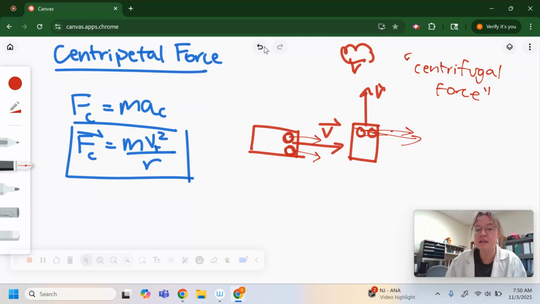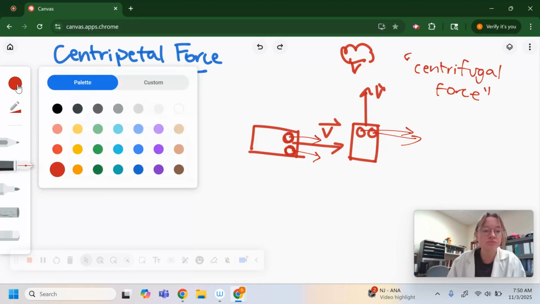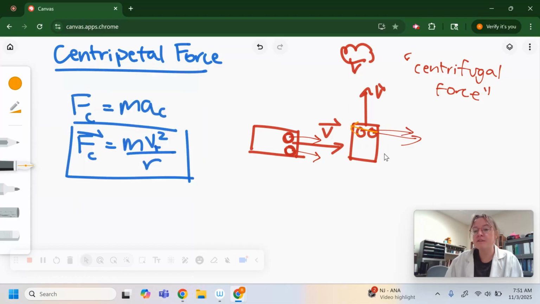Let's change our color so that you can see it in a different color. The only force that you're actually experiencing here is the car door pushing back against you, keeping you from going the way that your inertia would have you go. Your inertia would have you go this way, but the car door pushes back against you.